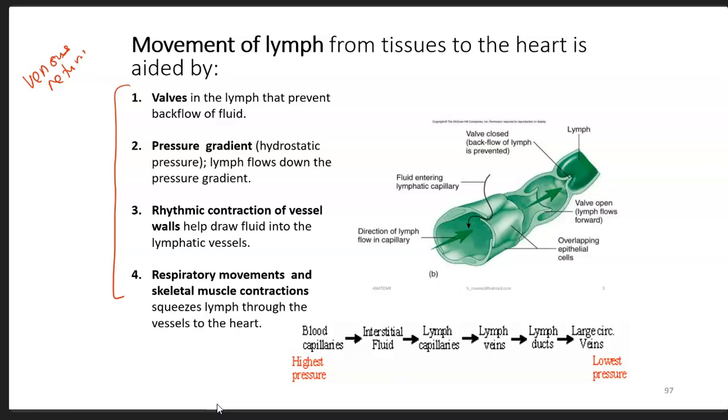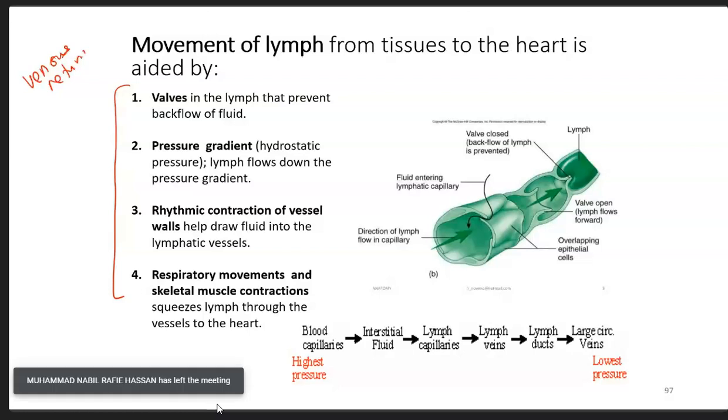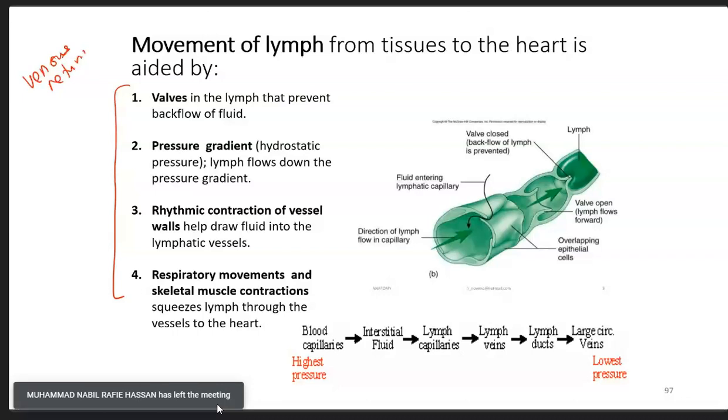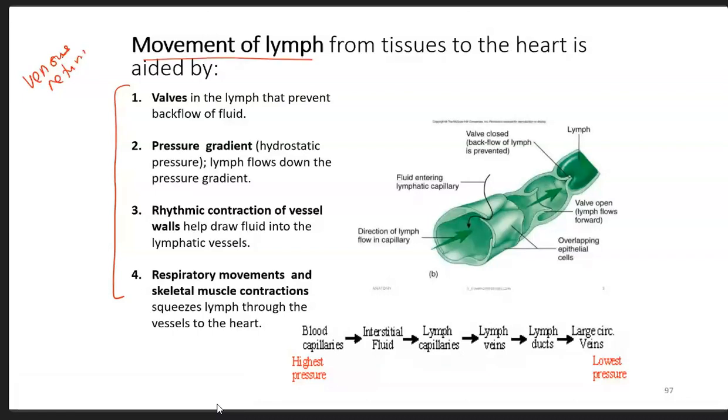So sama juga dengan movement of lymph, because the lymph flows with low pressure and velocity. So there must be some factors to help or to aid in the movement of the lymph along the lymphatic vessels.